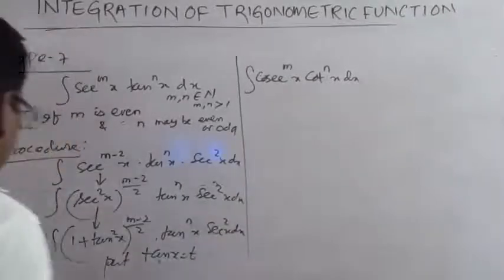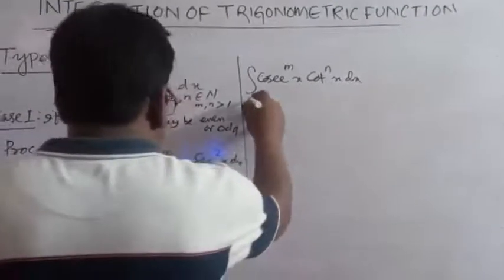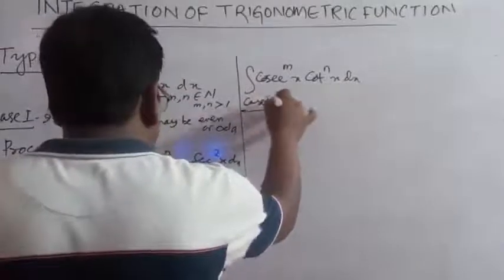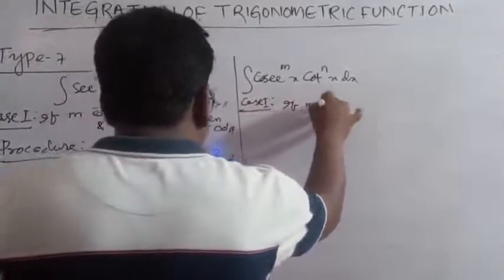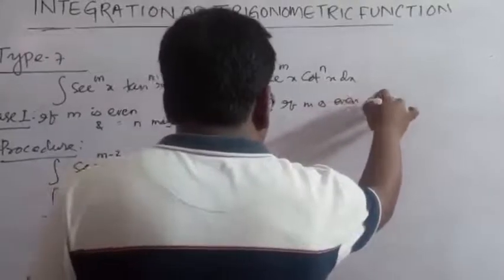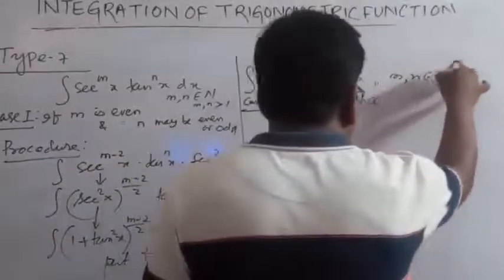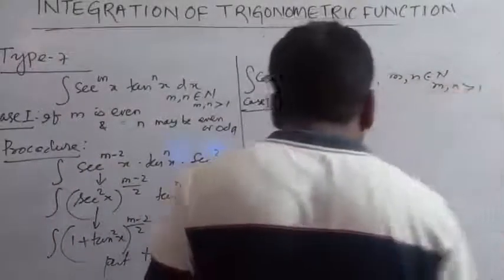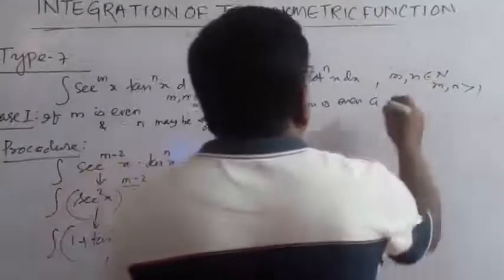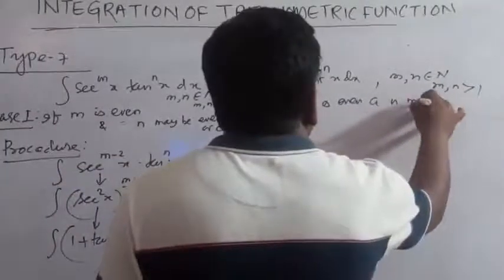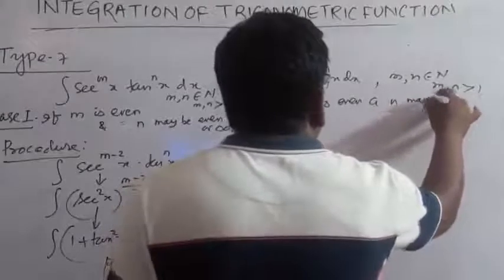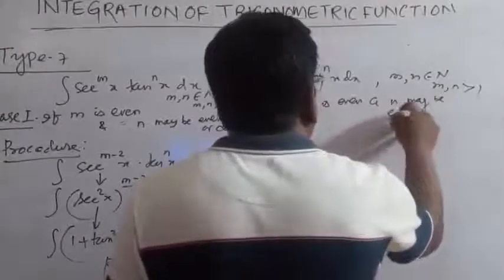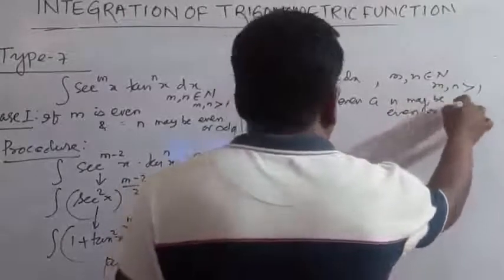Same process. Here case 1: if m is even, m, n belong to N, m, n greater than 1. So m is even and n may be even or odd.